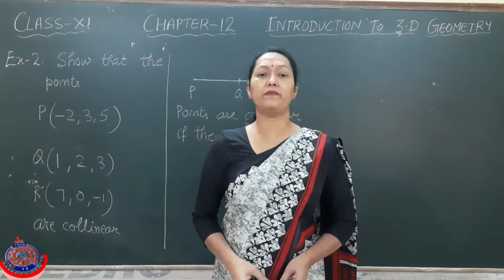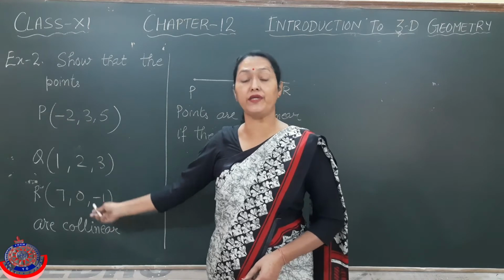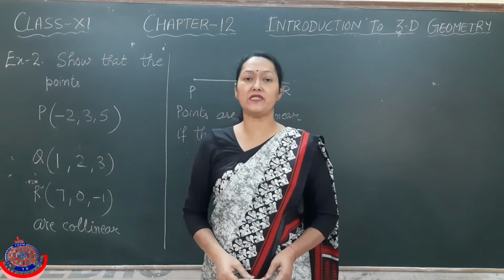In next example, they are saying us to prove that the three given points P, Q and R are collinear. We know that the points are collinear only if they lie on the same line.